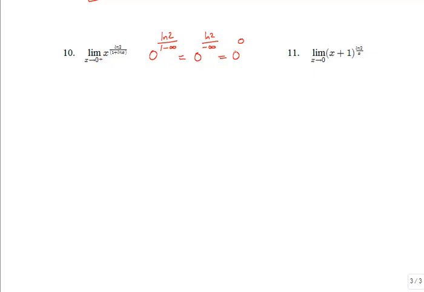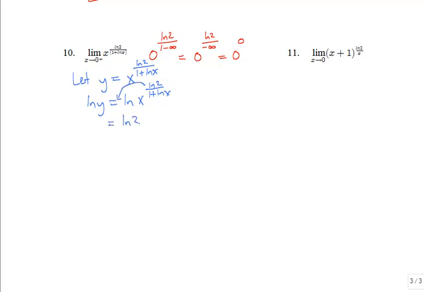When you have these powers, that's when you want to do the ln's. So what I'm going to do is I'm going to let y be x raised to this ln of 2 over 1 plus ln of x, and I'm going to take the ln of the left side and the ln of this right side. And that's going to allow me to bring this whole big fraction out front.